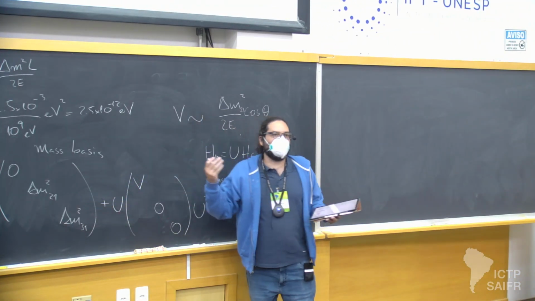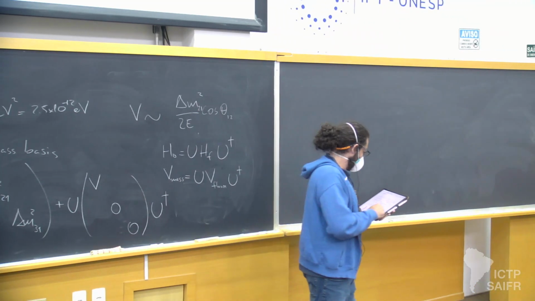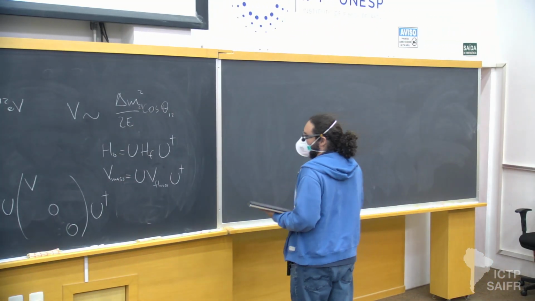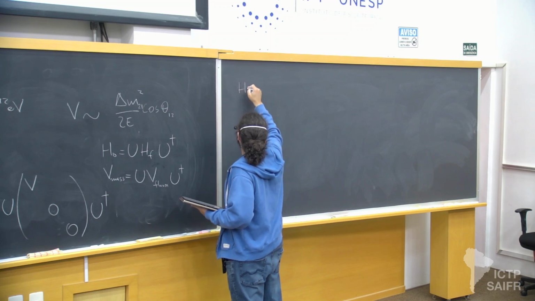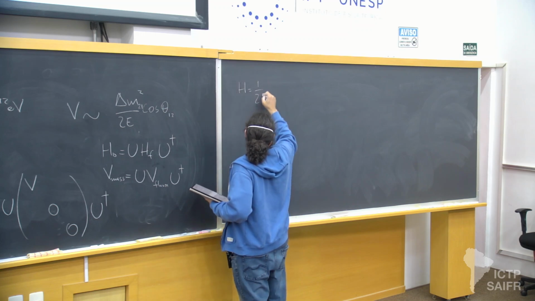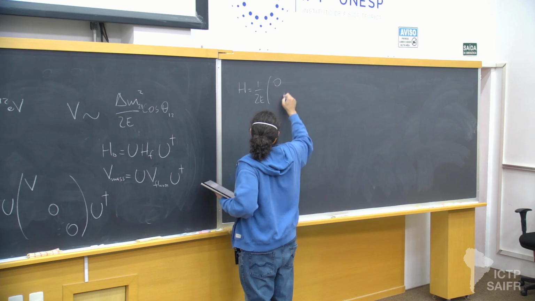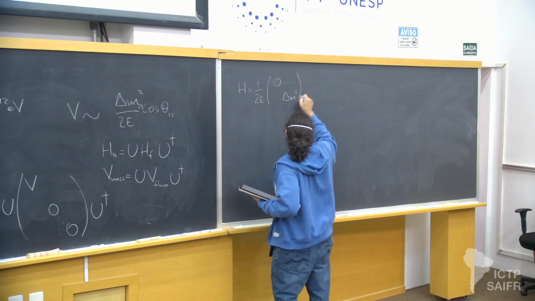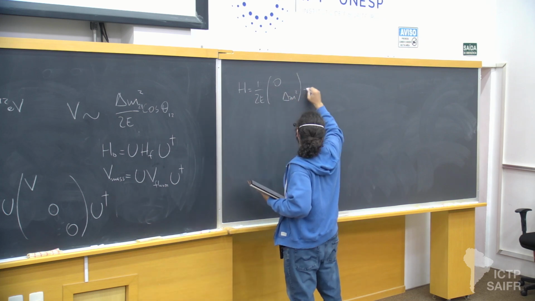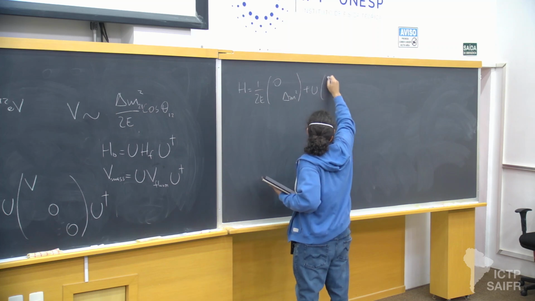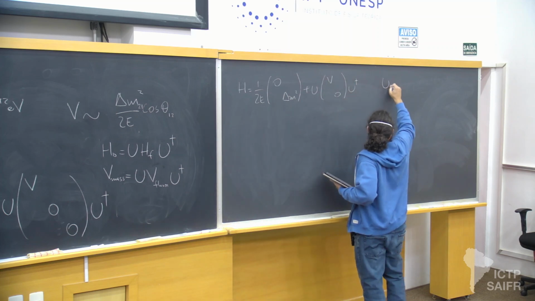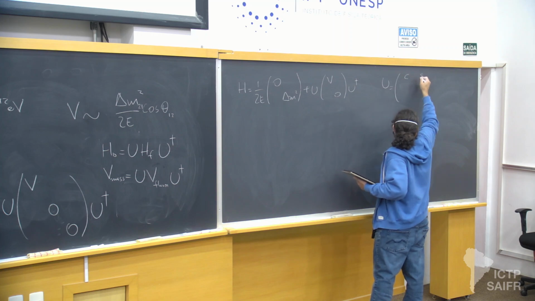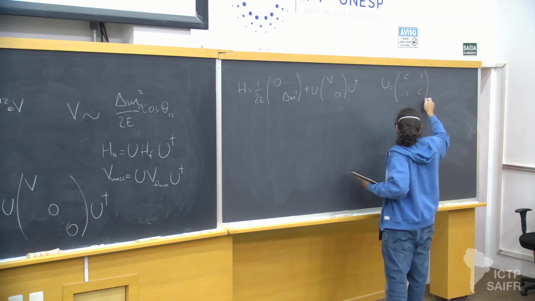The U's are just cosines and sines of the same angle. Let me be a little more explicit. For 2 neutrinos, you have this, and then you have U, V0, U dagger, where U is cosine, sine, minus sine, cosine.